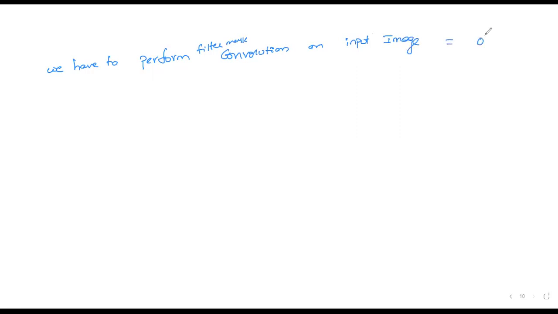If that value becomes 0, we identify whatever edge or line or point. If that is not equal to 0, there is no edge or line or point. This is common for any filter mask.